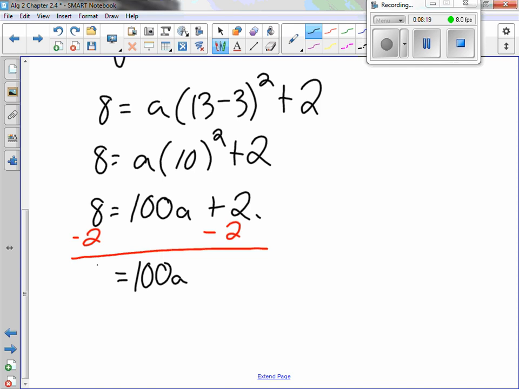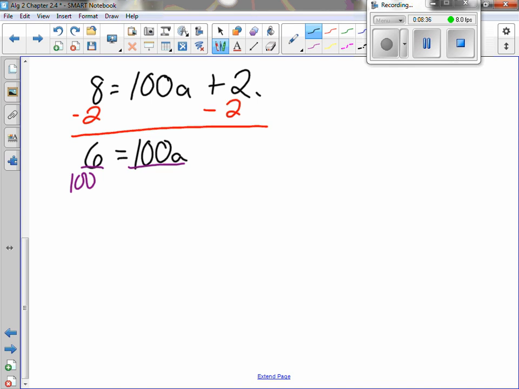Eight minus 2 is? What's next? We would divide both sides by 100. When I divide both sides by 100, I get A is equal to 6 over 100, or 3 over 50.